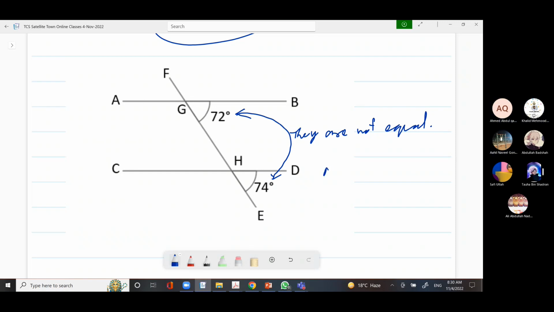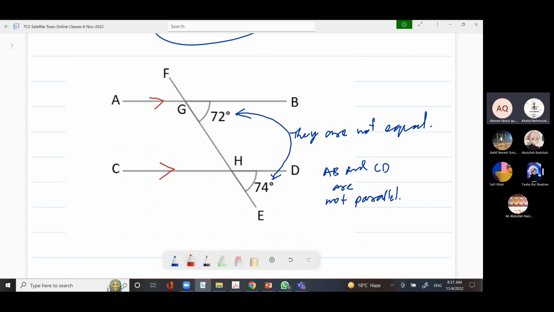So we'll say that AB and CD are not parallel. Why? Because if they were parallel, then the corresponding angles must be equal, isn't it? And there should be arrows. Yes, and the arrows are not given, so it means they are not parallel.